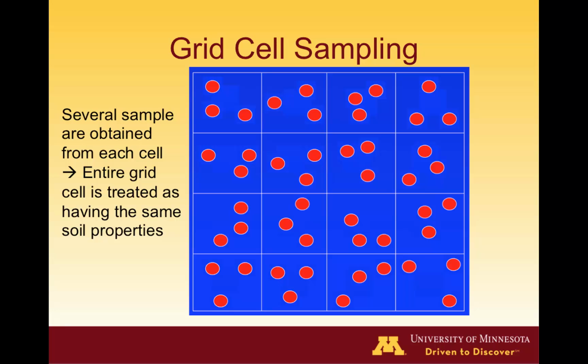You take an average of all the samples collected from a single grid cell as the soil property of that grid cell. This is an example picture of grid cell sampling, where you collect 3 samples from every grid cell and then take the average of the cell.